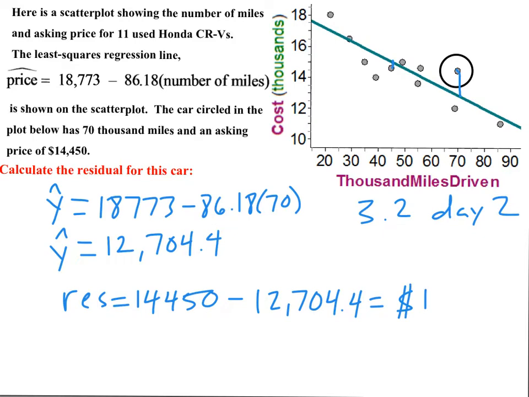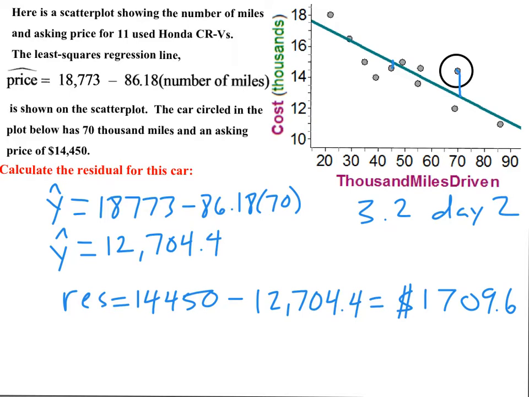It's positive, and you can see from the scatter plot that means our line gives us an under prediction. And we under predict by over $1,700. It's not horrible, but it's not great.